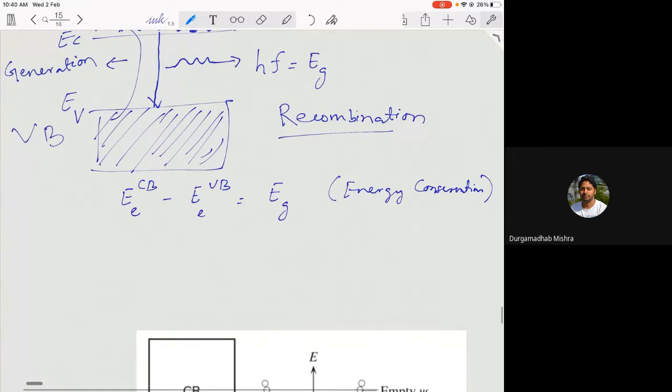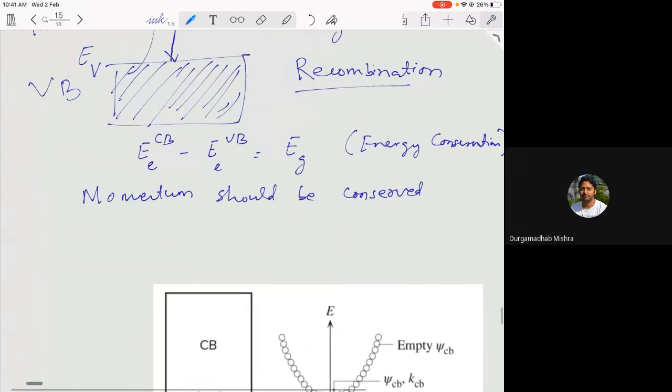Similarly, your momentum should be conserved as well. And what is the momentum of an electron? We said E is equal to P square by 2m. So each electron can be defined by a specific momentum, and correspondingly its speed and so on.